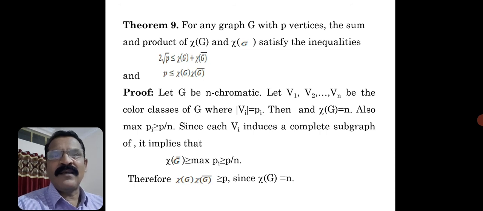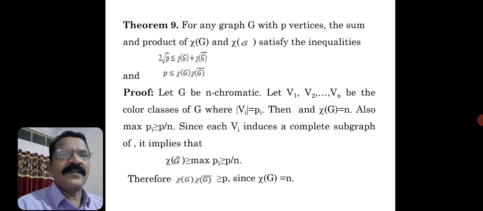For example, there are some vertices with the color blue, and some vertices with color red. Like that, the vertices are partitioned as per their color. So when the graph G is n chromatic, we are using n colors to color the vertices, and some of the vertices share a common color.